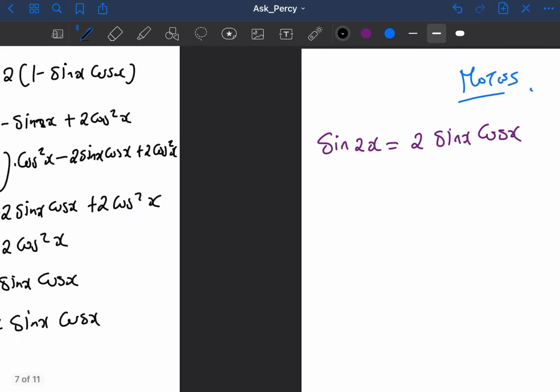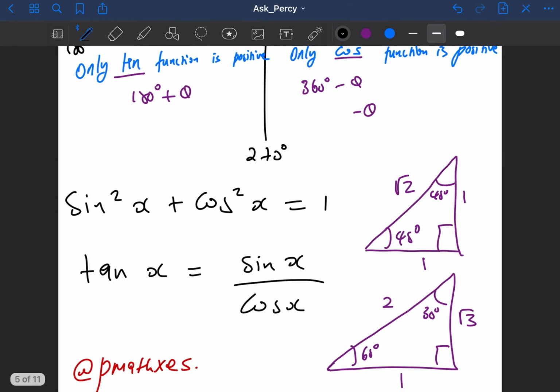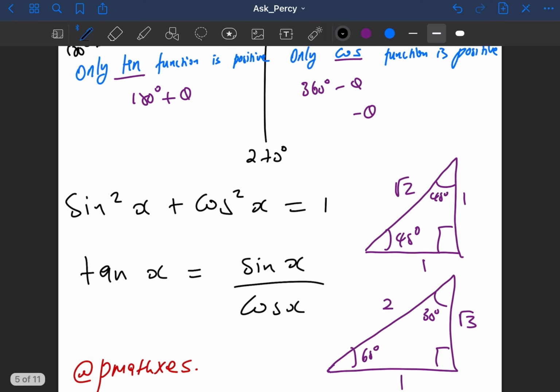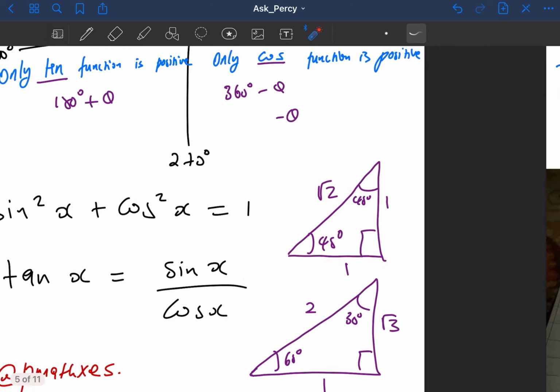For 45, you can literally go to your cheat sheet, and remember, cos can be written as adjacent over hypotenuse. If you look at this angle, it's going to be adjacent over hypotenuse, and that's cos.